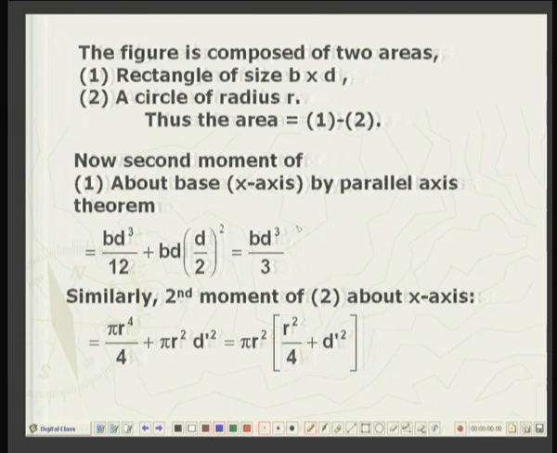And then for the circle, let us go to the circle. For the circle, if you want to determine I axis about its diameter, then it is pi r to the 4 by 4. Again it is available in handbook, so you can easily integrate it out and find out. So, it is pi radius 4 divided by 4.